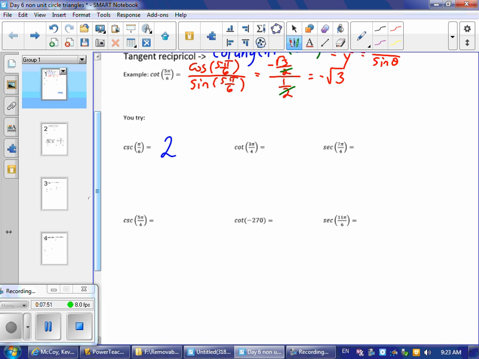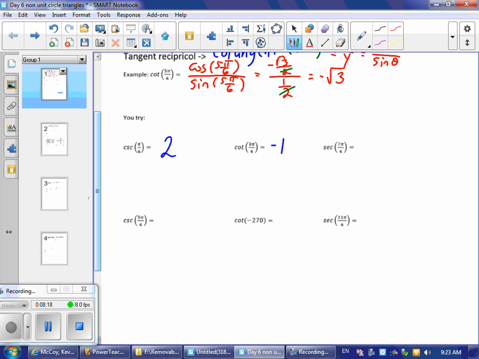Tangent of 3 pi 4ths is sine over cosine. Sine and cosine at all the pi 4ths are both square root of 2 over 2. So anytime I divide the same thing by itself, I'm going to get 1. The only difference is this is in the second quadrant, so the x is negative and the y is positive, which makes the whole thing a negative value. So this will be negative 1.